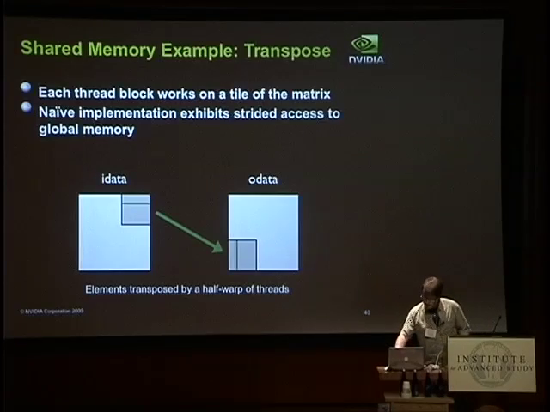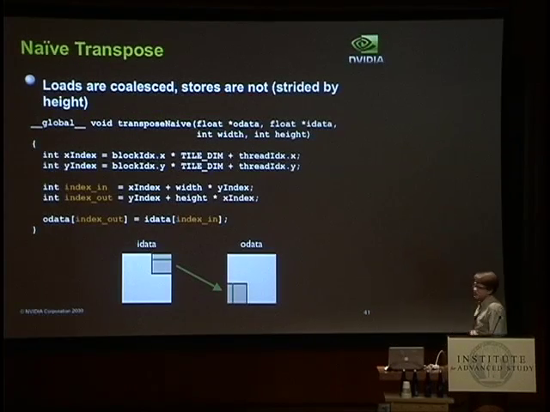And I have code. So here's the basic code. We calculate the index in and the index out. For the data coming in, they're in order. It's going to read all of the rows first.